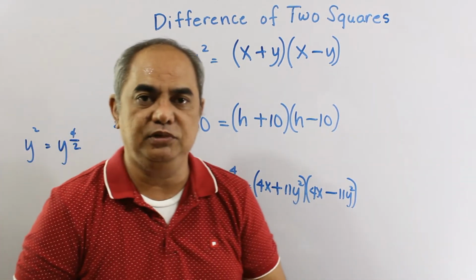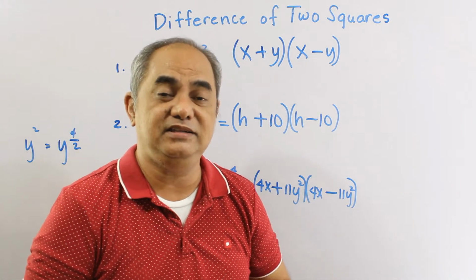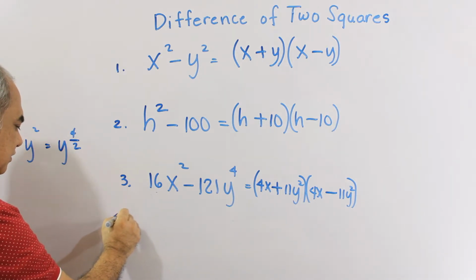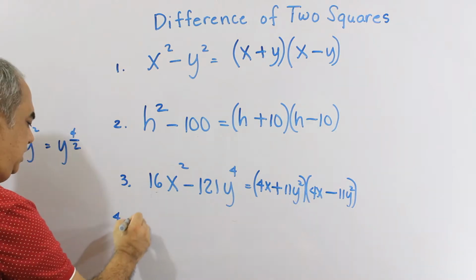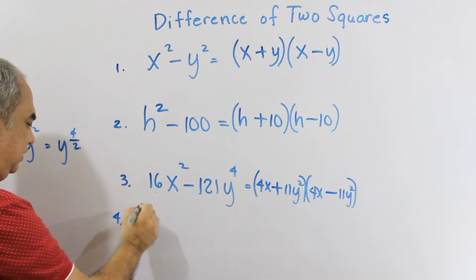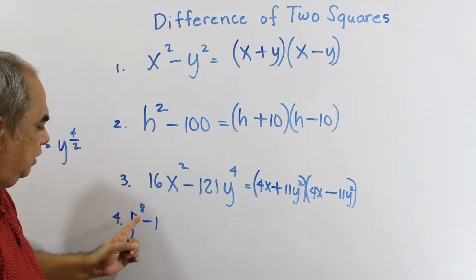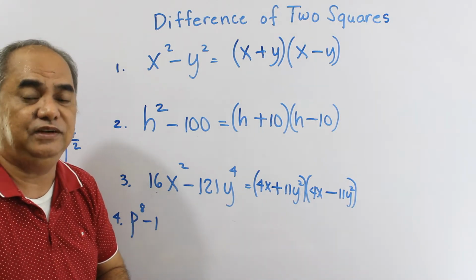Now the last example that I'm going to show you is a little bit different, but it's easy to understand. For the last example, number 4, let's say we have p to the 8, the exponent is 8, and then minus 1. Again, we see that the exponent of p is an even number.